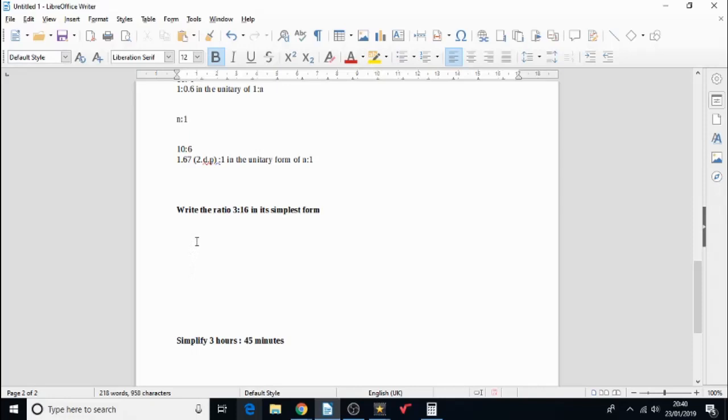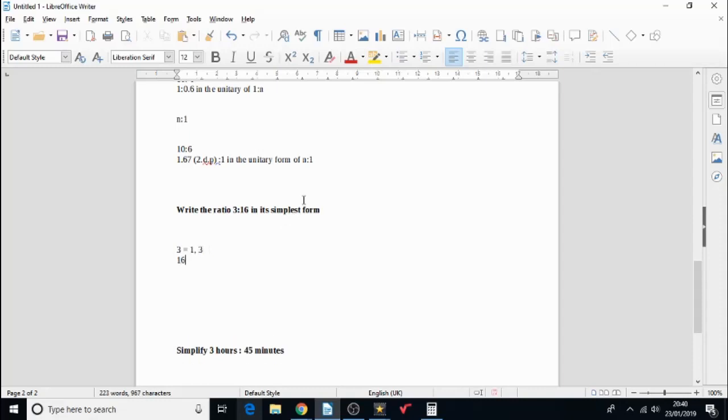Next question. Write the ratio 3 to 16 in its simplest form. So again, to find its simplest form, you can write down all the factors, or you can also treat it as a fraction, however you want. So for 3, it's 1 and 3.